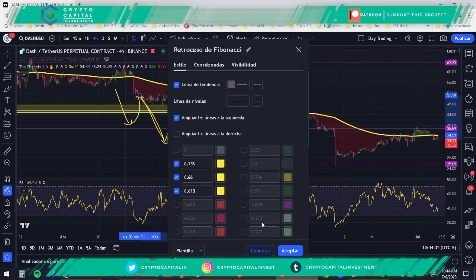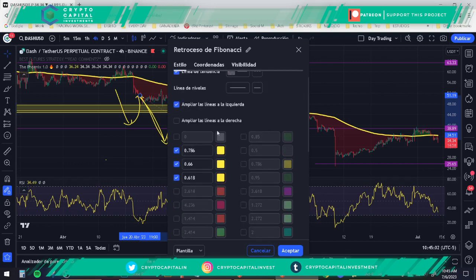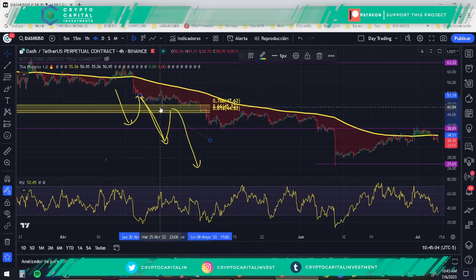You will have to look for that information, Fibonacci and different stuff, but just be clear to only use these three levels in the Fibonacci, of the 100% of the previous move. Right. I also extend this one to the right. I'm going to let you know why in a moment.